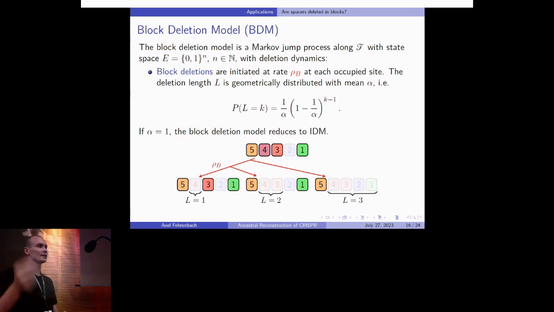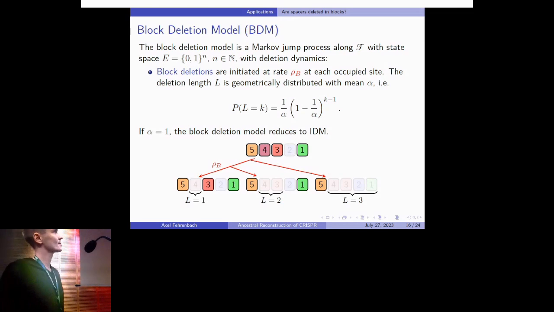If you hit, you delete another spacer. If you miss, you stop the deletion and you have your deletion length. This is all described by the parameter alpha, which is the mean length of this deletion.